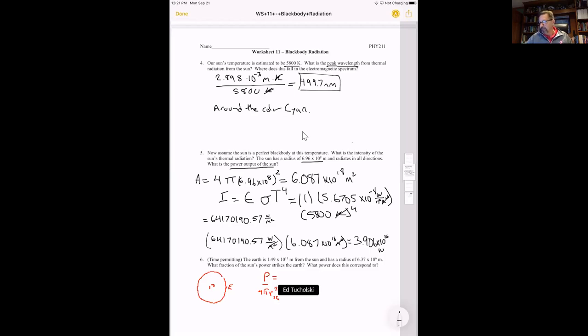Then if I multiply that, that gets me an intensity out at the Earth's radius, right? You basically undid this calculation. That was right at the surface of the sun, and now I redo it so I get intensity out where the Earth is.